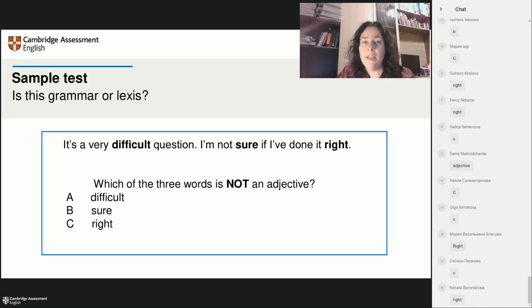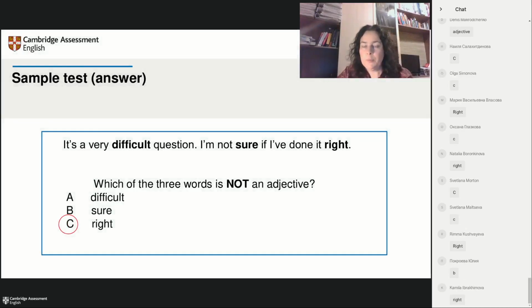So again, it's an adjective, but I've done it right. We are describing the action, how you did that. And right is not an adjective; it's an adverb. Sometimes the form is misleading. They look similar, but they might be both adjectives and adverbs, and you need to identify the function of words.